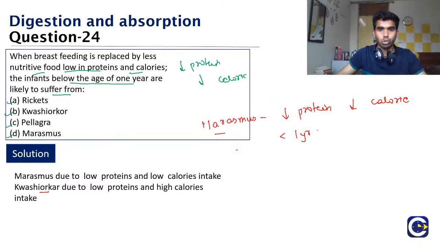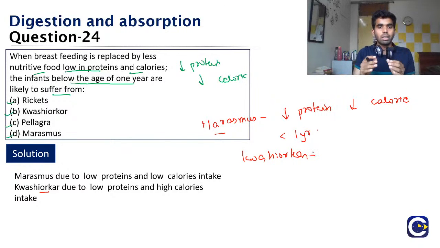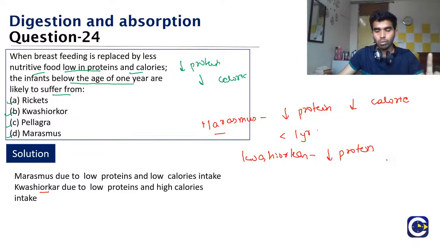Then the next is kwashiorkor. In Africa, they give rise to many babies. Once the new baby is there, they decrease the food, so the older baby is not able to get proper food. Although the mother tries to feed that baby, the food contains less protein, because the mother is not able to give milk to the previous baby.